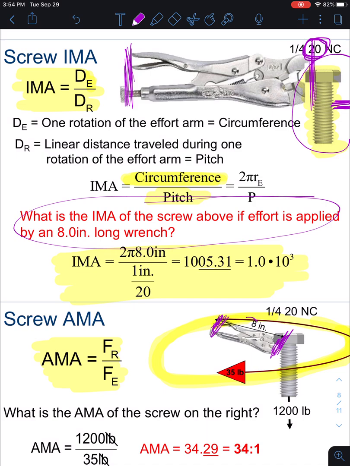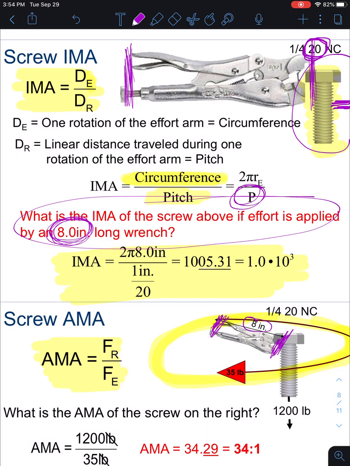You can see it right here, it's 8 inches long. Sometimes the problem itself just tells you it's 8 inches long. The circumference formula is 2 times pi times the radius. If you knew the diameter, it would just be pi times the diameter. But in this case, the wrench length is the radius, so 2 times pi times 8, divided by 1 divided by 20, which is the pitch.